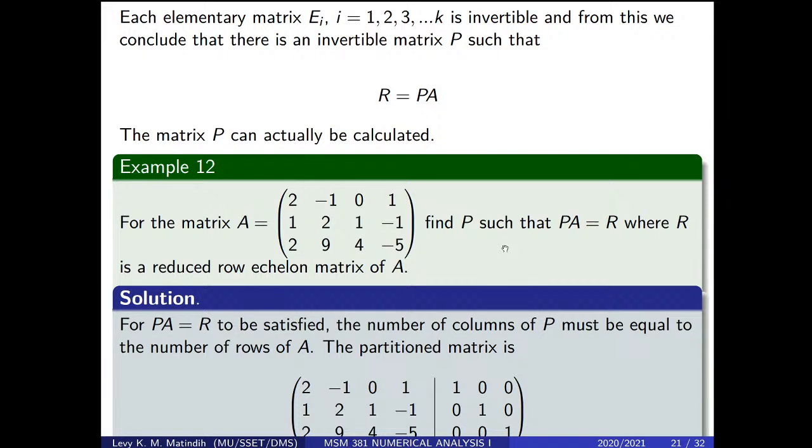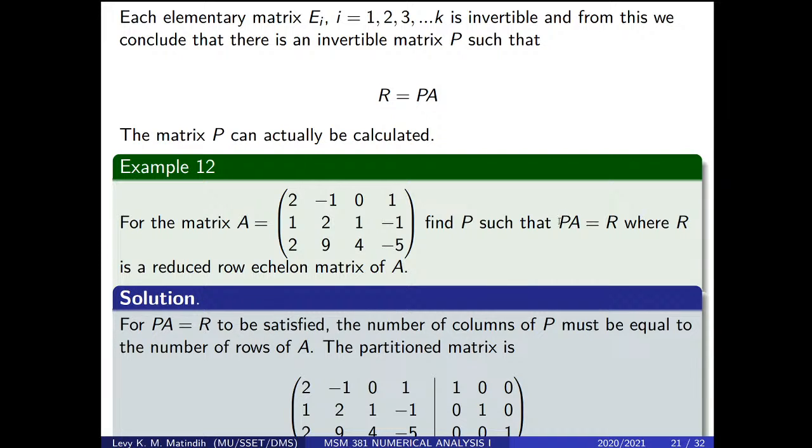If you look at matrix A, it is of order 3 by 4. Now, what will be the order of the identity matrix that you're going to use? If you can recall, when can you multiply two matrices?